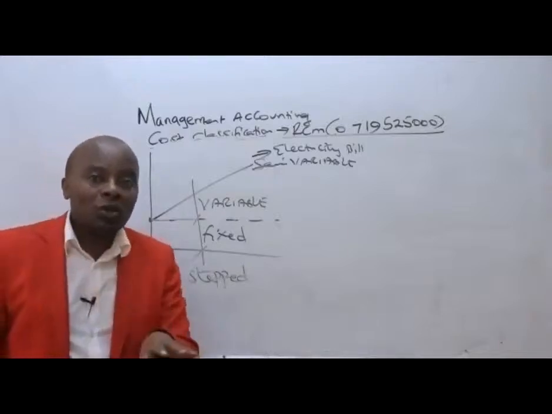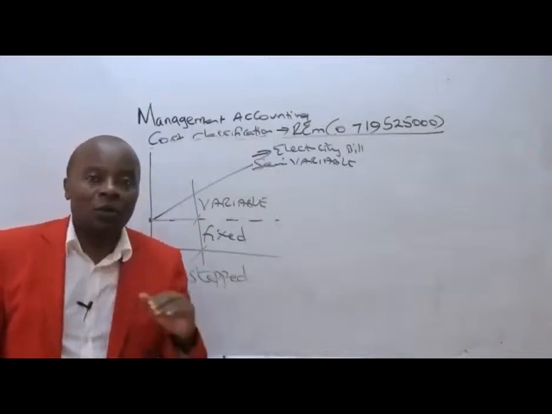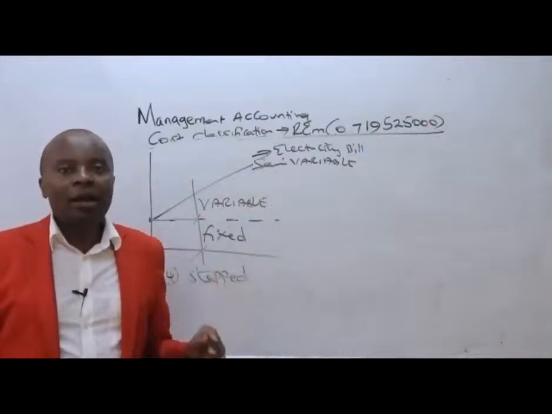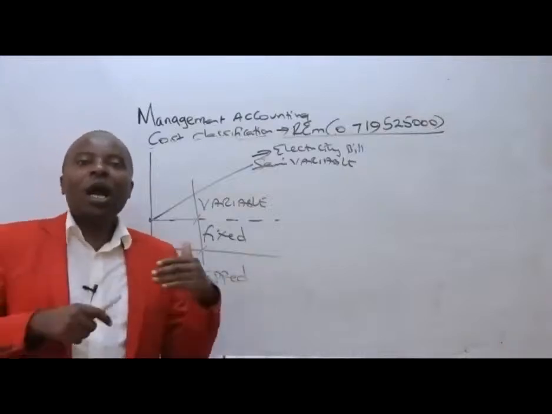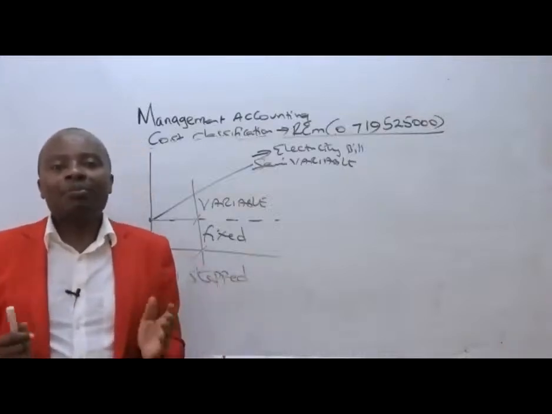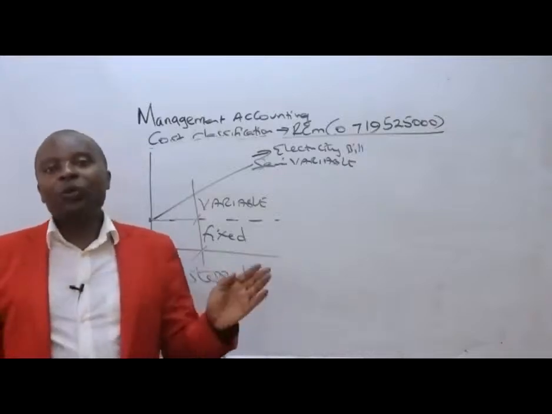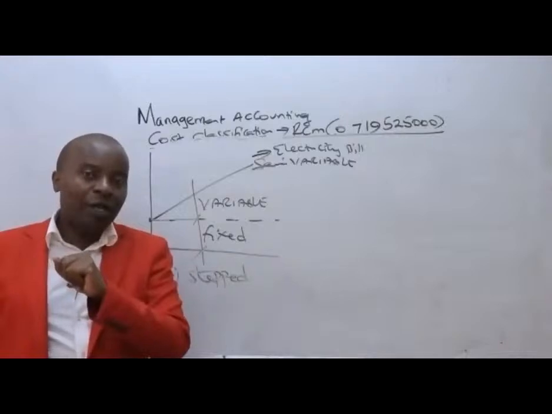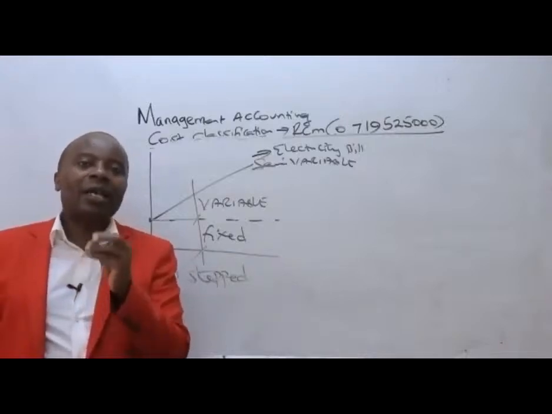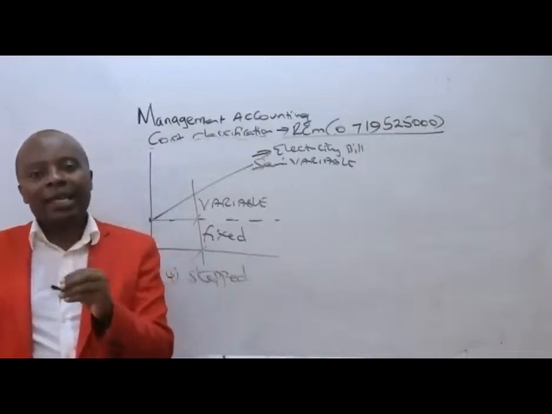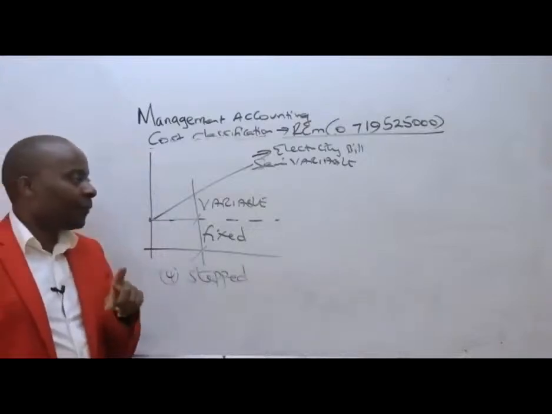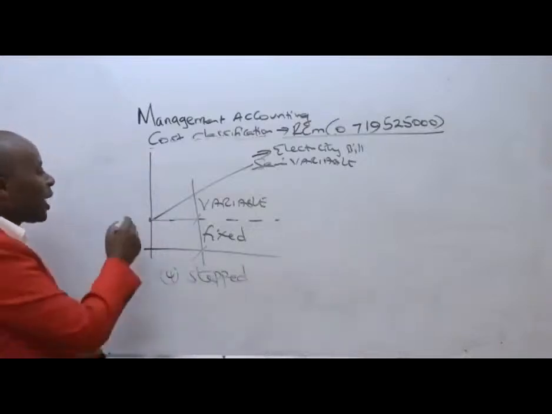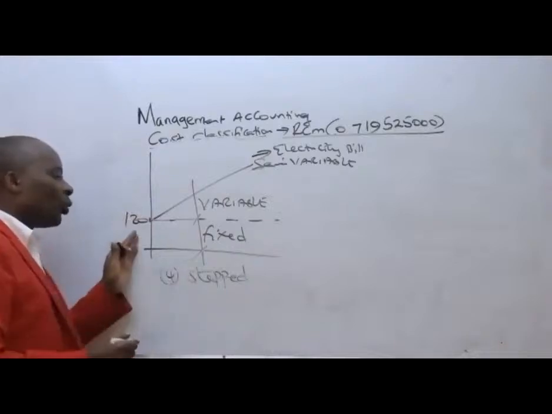Even if you close your house and go to Dubai for some holiday and stay there for a whole year, when you come back, you will never get your electricity bill being zero. You will get that 120 for each of the months that you are away, waiting for you. It's like a meter rent. Very important for us to appreciate that. That electricity cost can never start from zero; it starts from about 120.